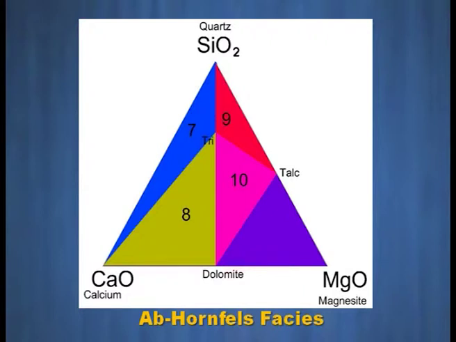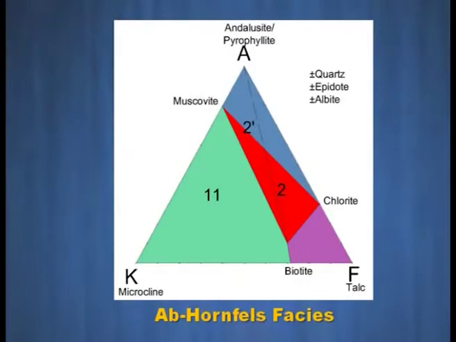broken lines. Typical assemblages shown in figures 1, 2 and 3 are: first, the pelitic assemblage, which is quartz, muscovite, biotite, chlorite, albite, epidote. Second, quartz, muscovite, biotite, andalusite, pyrophyllite.